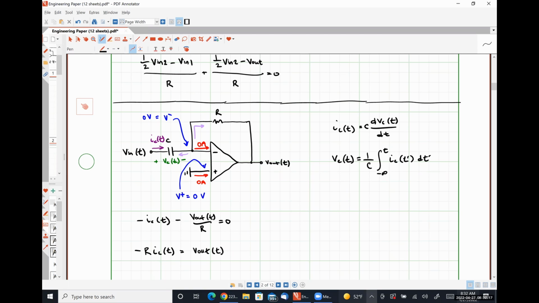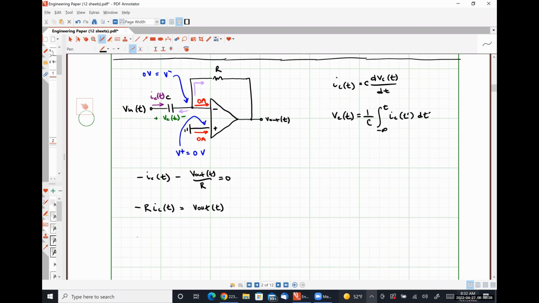Are we okay with that? Anything seem wild or crazy? So we know that IC of t is C dV/dt, so I'm going to substitute that in. So negative RC dVc by dt is equal to V out.